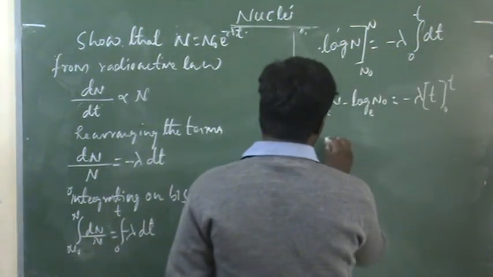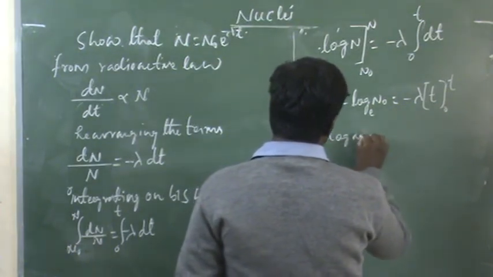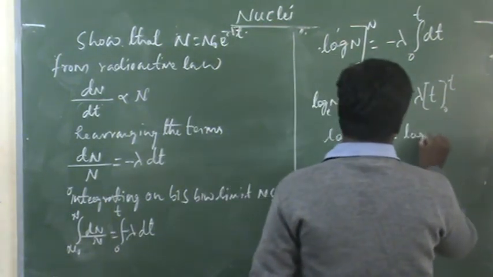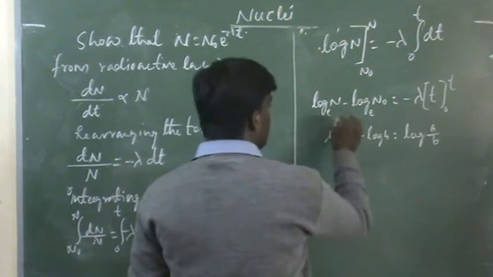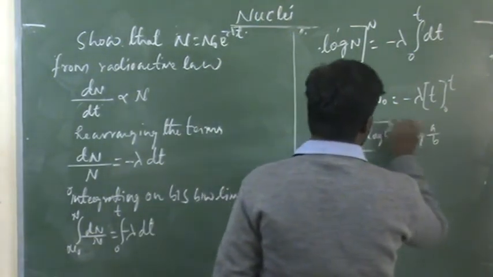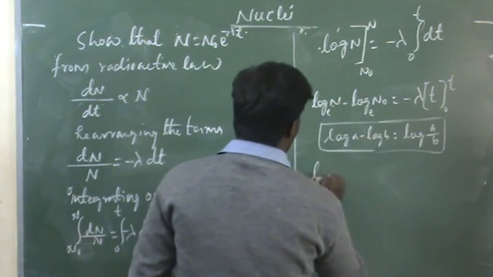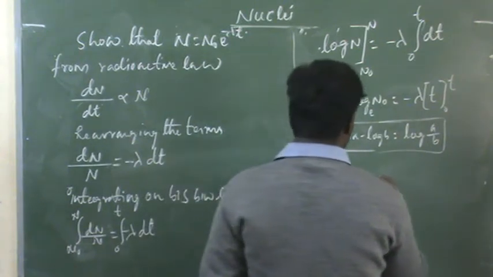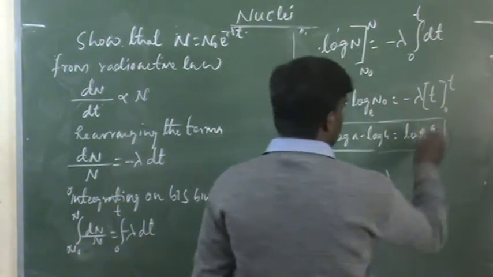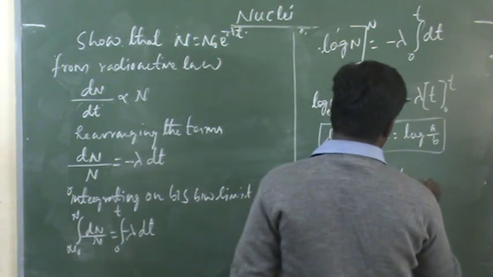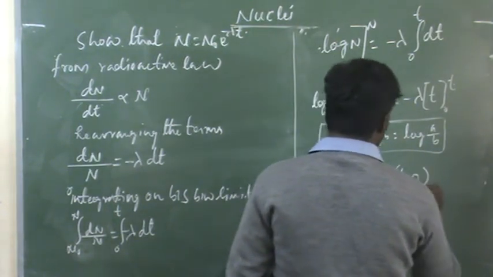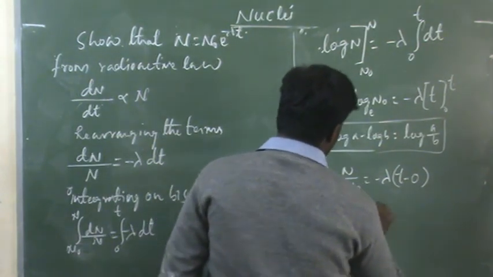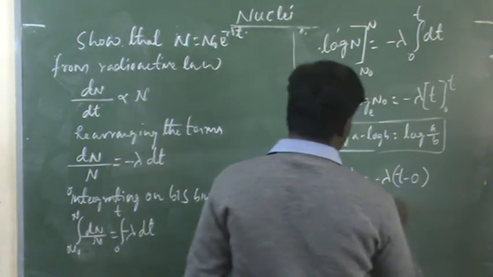Using the formula log a minus log b equals log a by b, log N by N naught equals minus lambda, substituting the limits, t minus 0, so log N by N naught equals minus lambda t.